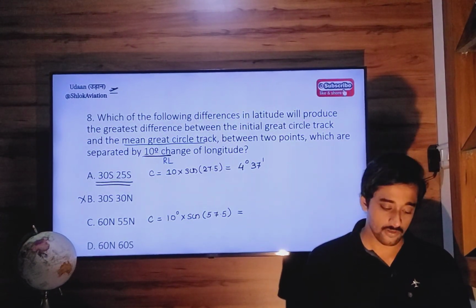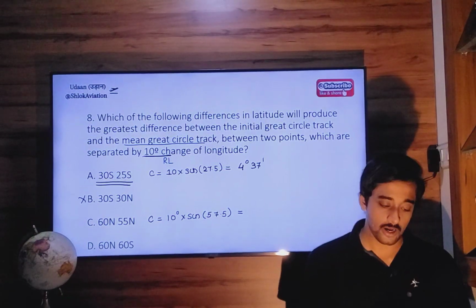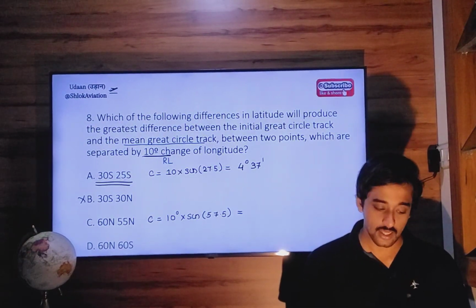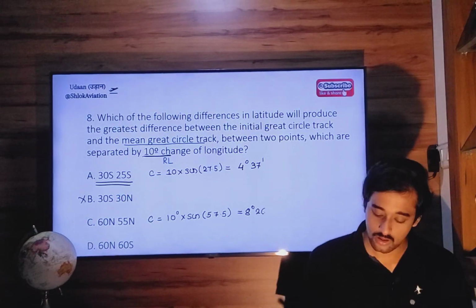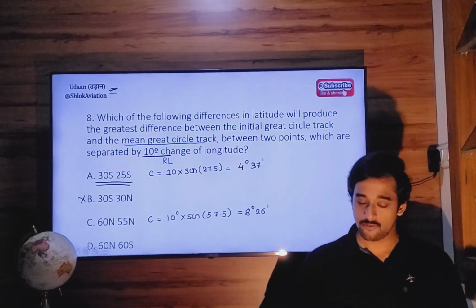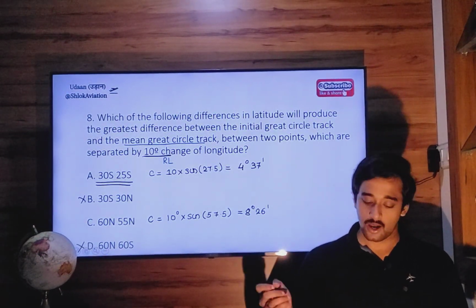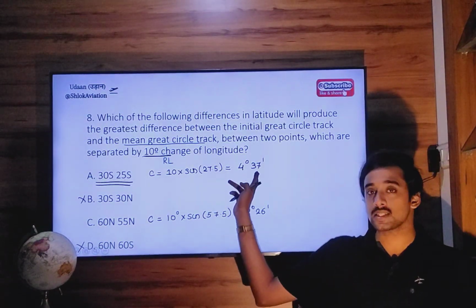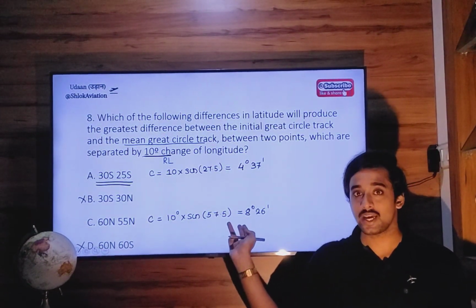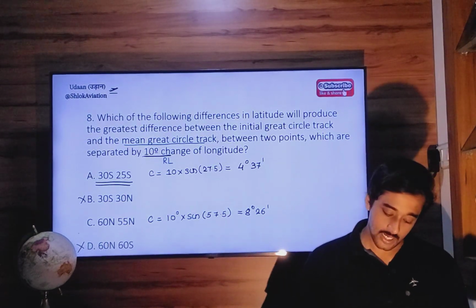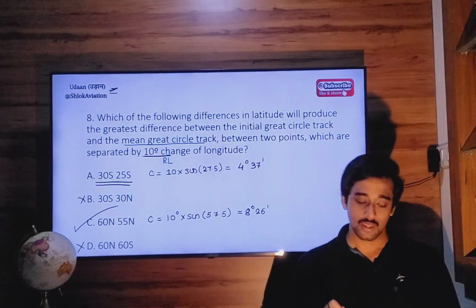So sine of 57.5 into 10 is 8 degree 26 minutes. And Delta again, both are in different hemispheres. So eliminate. Now, this is 4 degree 37, this is 8 degree 26. So the higher value is 8 degree 26 minutes. So the correct answer will be option Charlie.